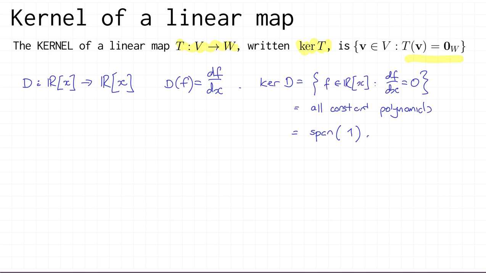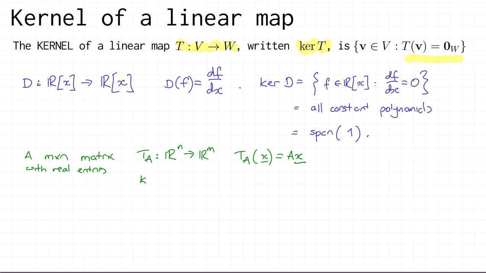Let's take another one. Let's take a generic example. So I'm going to take A to be an M by N matrix. And I'm going to take T_A to be the linear map, let's say the entries of A are from R. And then we can think about a map T_A from R^n to R^m, defined by, as usual, T_A of x is just A times x.